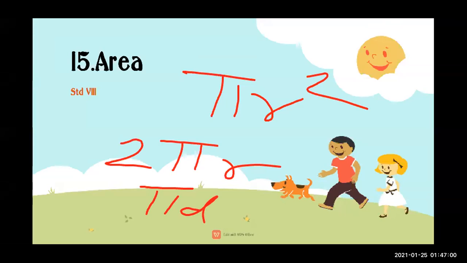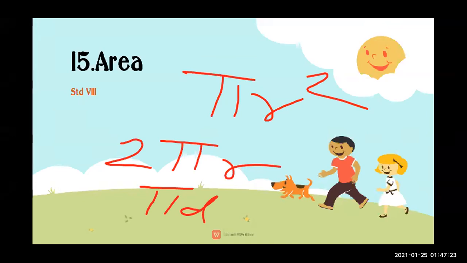Now what is the value of pi? What is the value of pi? Very nice, Sudhir. The value of pi is 22 upon 7. But there are two values. Another, very good. Another is 3.14. See, the value doesn't change. Some students have written 7 upon 4. That is not the value of pi.